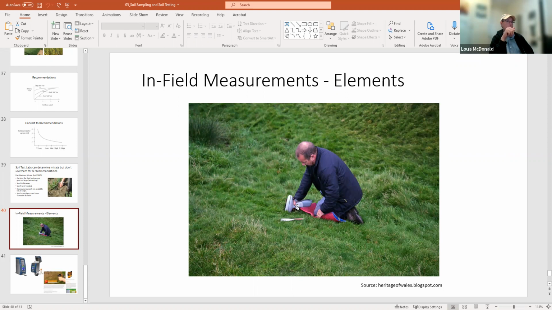But the idea here is that you can take this to the field and make measurements on the ground for soils, plants. I had a graduate student do it for manures and forages. And you can just take way more samples in the field than if you had to probe and composite and then bring them back to the lab.